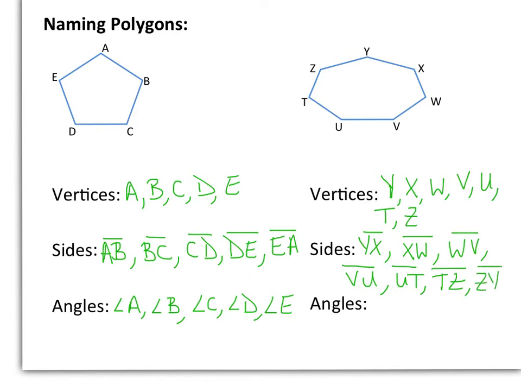And then for angles, angle Y, angle X, angle W, angle V, angle U, angle T, angle Z. So notice our vertices, however many vertices the figure has, it also has that many number of angles.